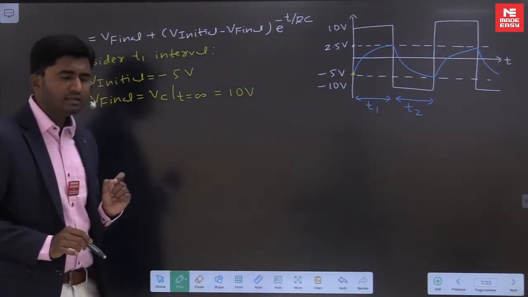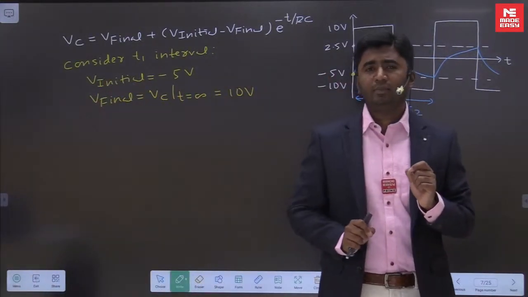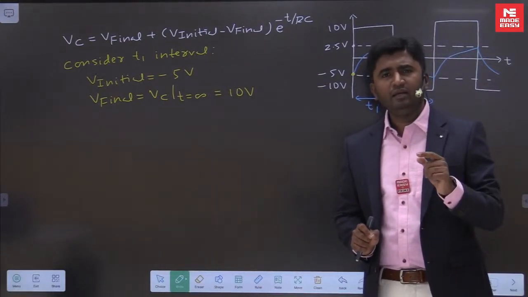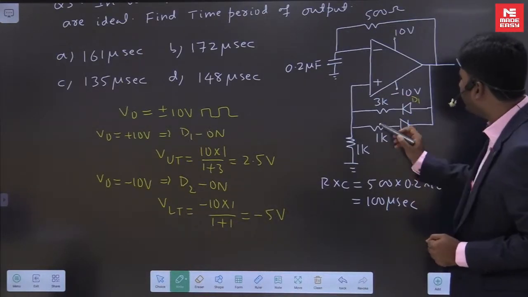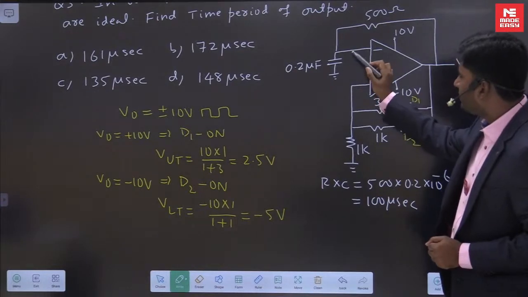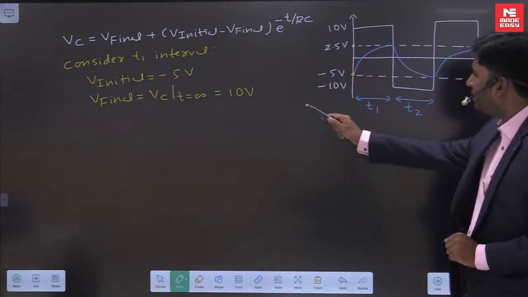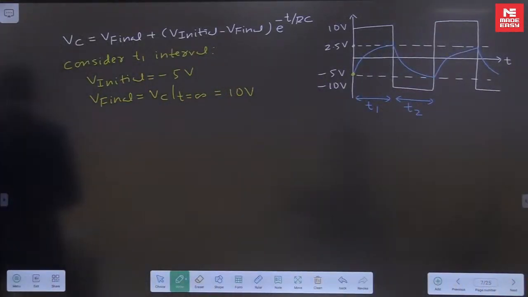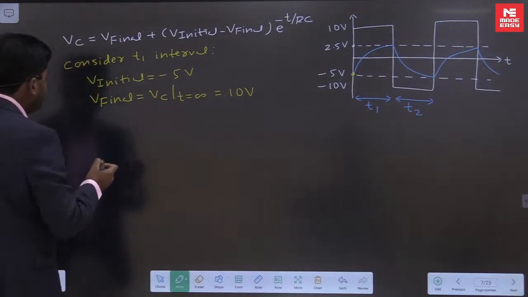So V final is equal to plus 10. In the T1 interval, V final how much? Plus 10 volt. Now use these values and proceed with this transient equation.